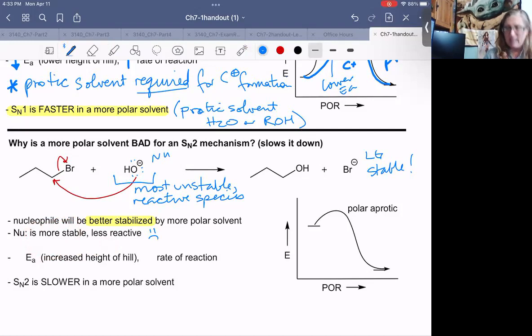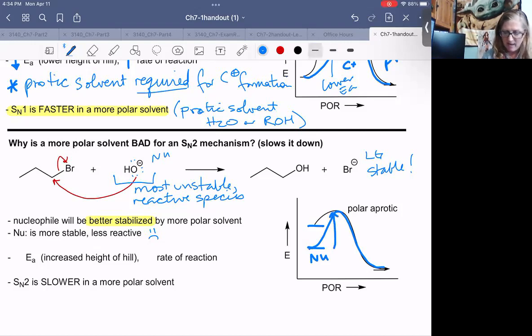So what does that look like in our energy diagram? This is our nucleophile. If we put it in a more polar solvent, our nucleophile is going to be better stabilized, lower energy. So for it to do this same SN2, it's going to end up at the same place, right? But now we're starting from a lower energy, so we have a higher hill to climb.